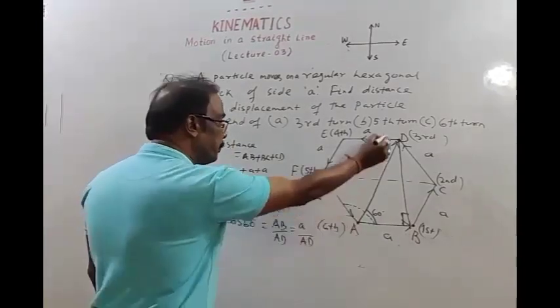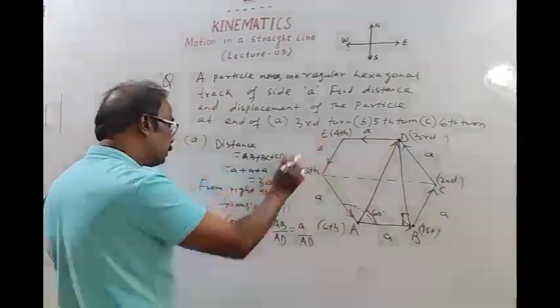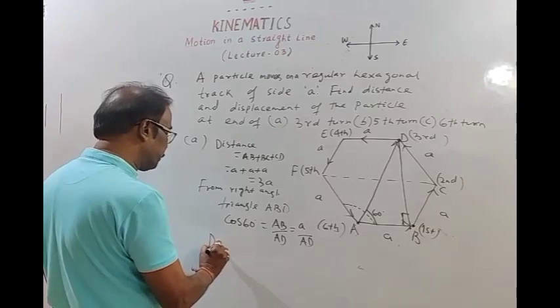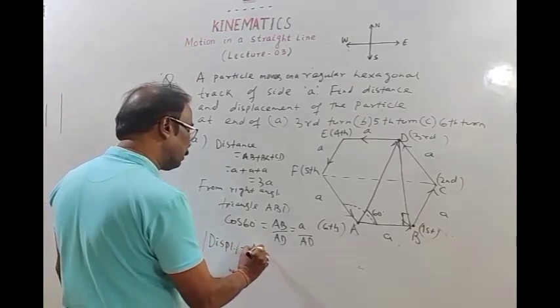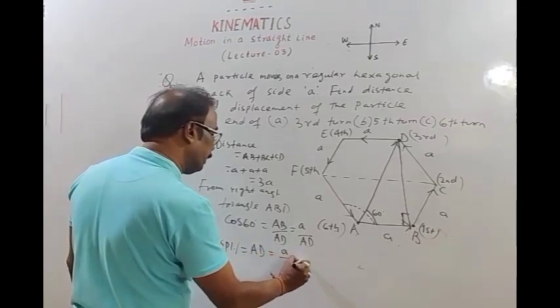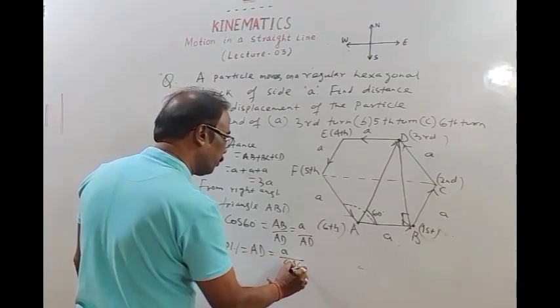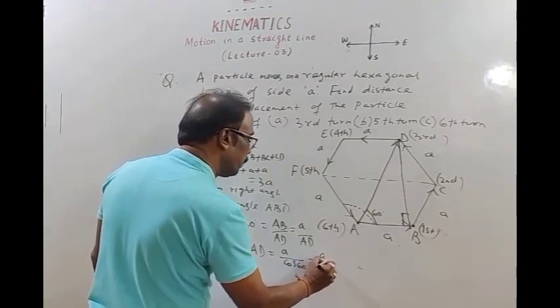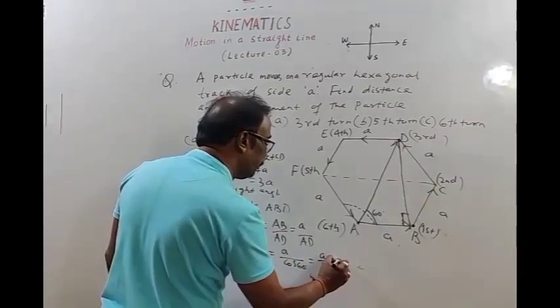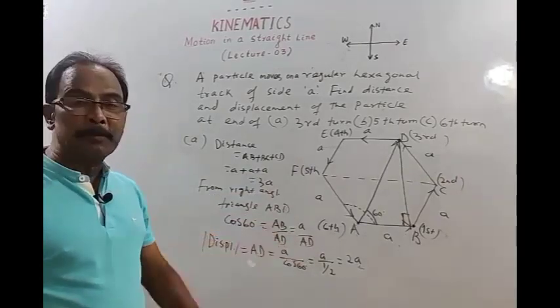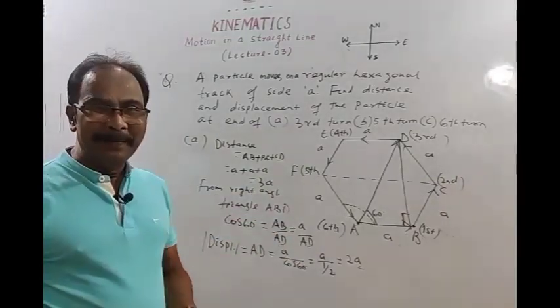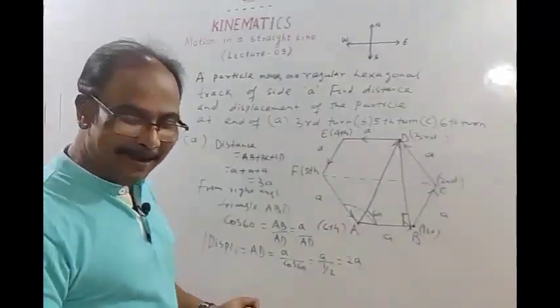AD is the displacement, so the magnitude of displacement is the length of line AD, which equals a divided by cos 60. Cos 60 is 1 by 2, so this equals 2a. So distance is 3a, displacement is 2a at the end of third term.